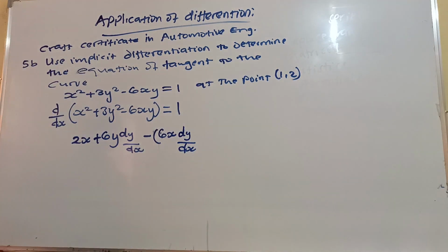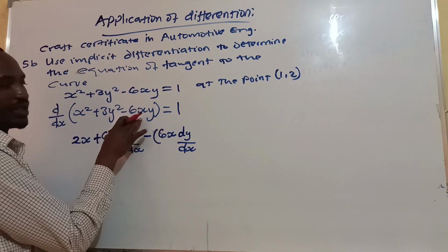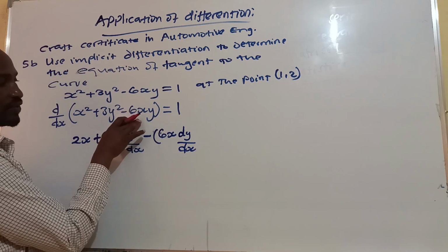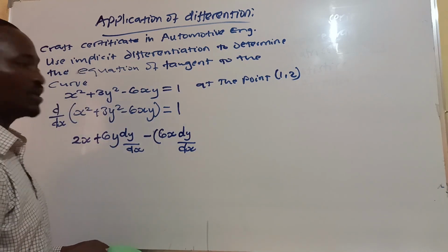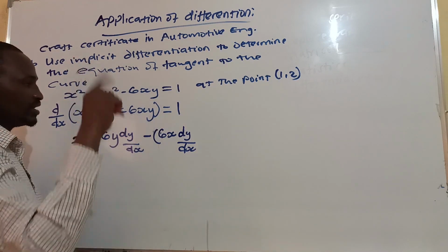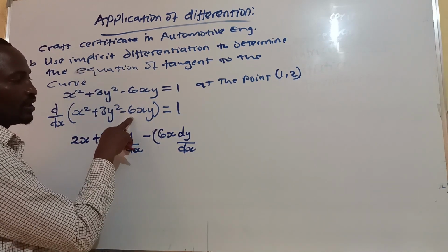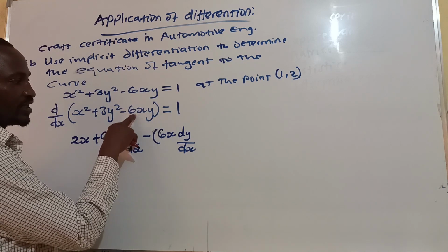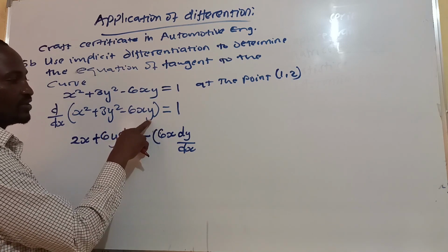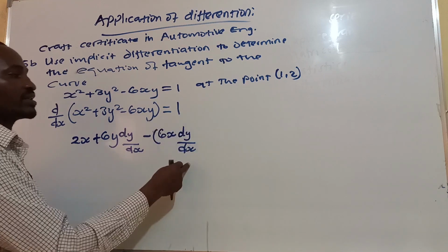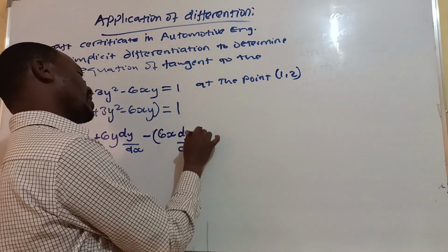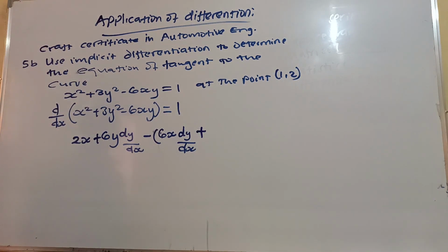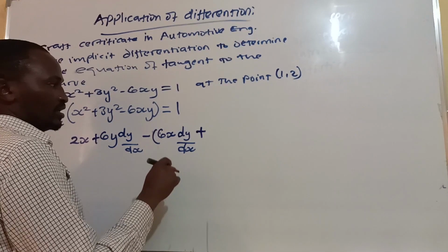We have already discussed how to differentiate using the implicit method, so I don't think this is a problem. If you haven't checked my previous videos, check them on the link shown here. So we have taken u to be 6x and this is v. When you differentiate it, you get dy/dx, giving u dv/dx, plus v du/dx.